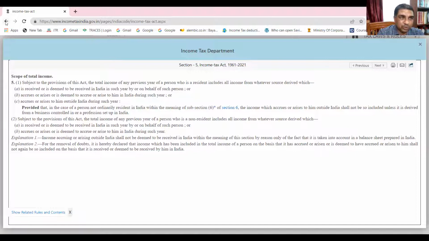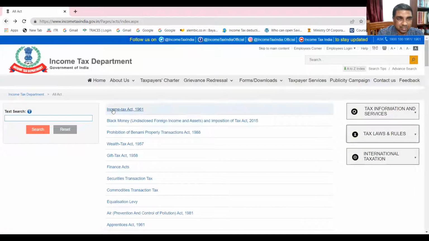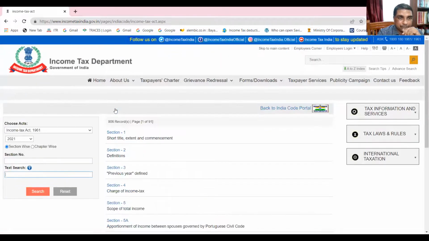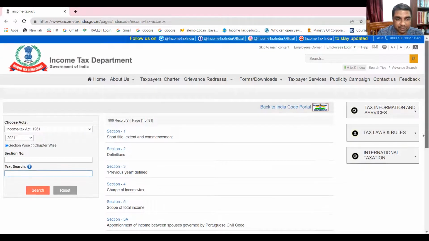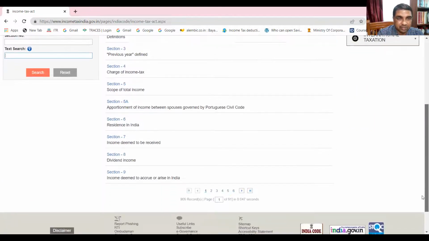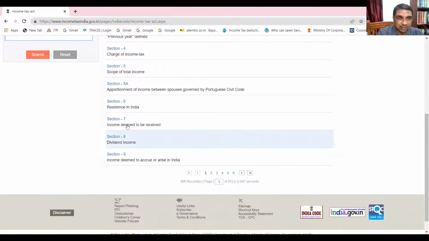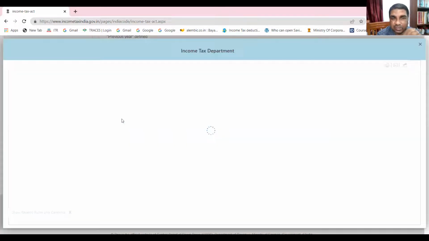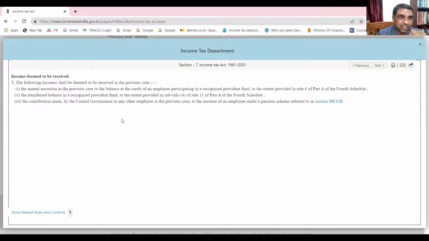Then let me also show you the other sections. Section 5, you saw it, right? Section 6, you have already seen. What is section 7? Just have a look. Section 7 talks about income deemed to be received.